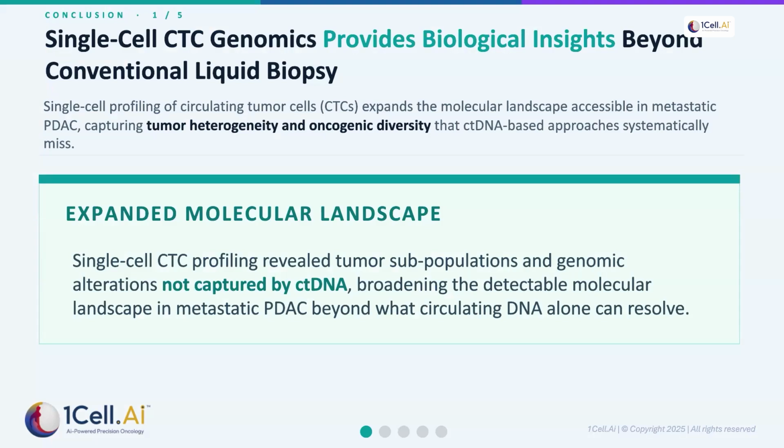So single-cell CTC genomics provides biologic insights beyond conventional liquid biopsies, and it reveals tumor subpopulations and genomic alterations not captured by ctDNA, broadening the detectable molecular landscape in metastatic pancreatic cancer beyond what circulating DNA alone can resolve. And again, we're talking about pancreatic cancer, and that's what our project was on, but it's very likely that this really applies to all tumors that tend to metastasize.